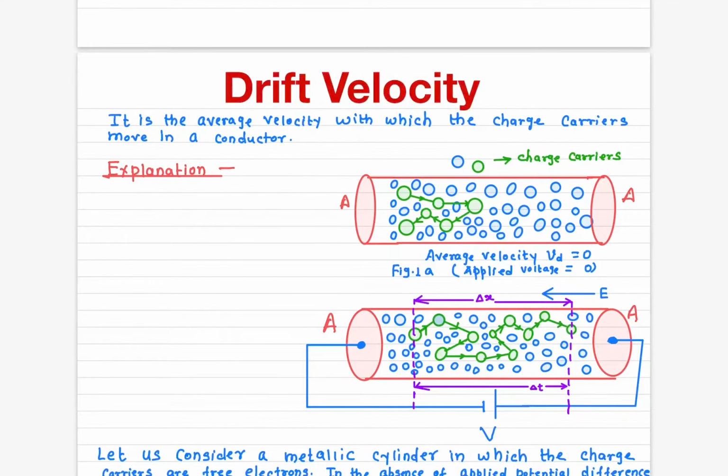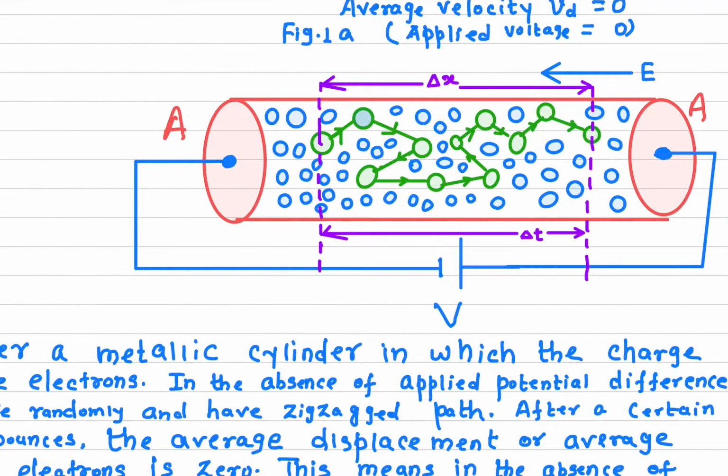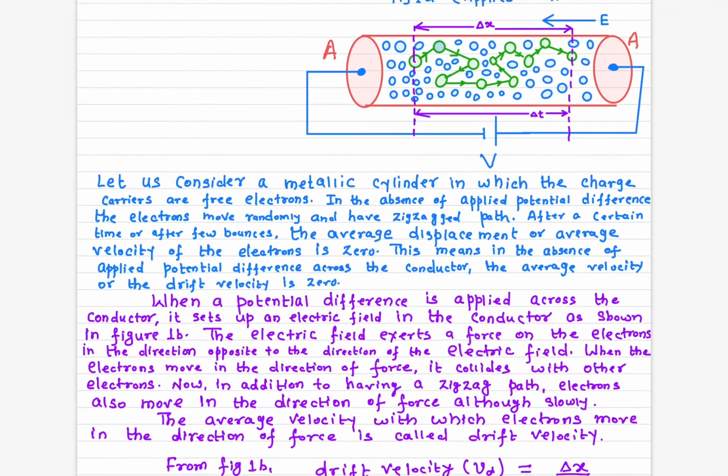So now let's talk about what happens when we apply a potential difference, or what we can say, when you apply a battery here. When we apply a potential difference across a conductor, that basically sets up an electric field in the conductor.